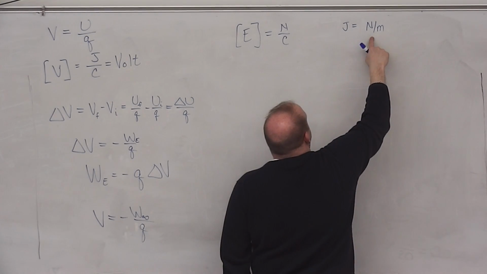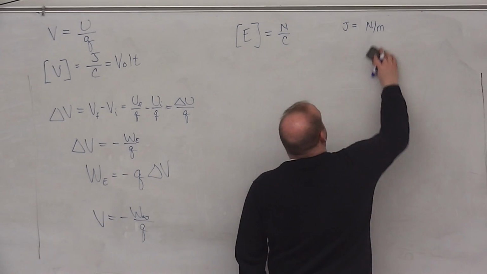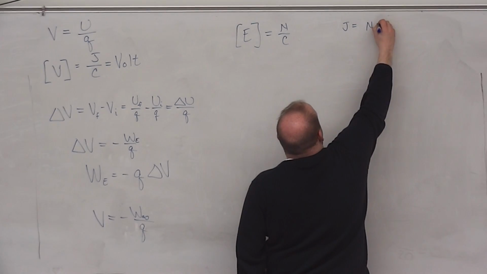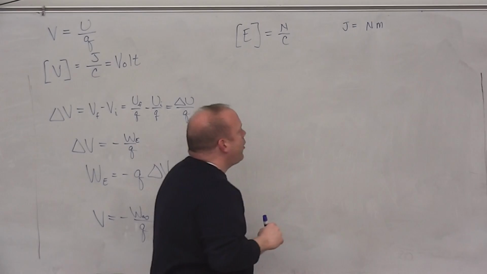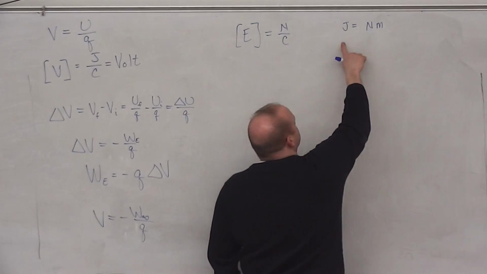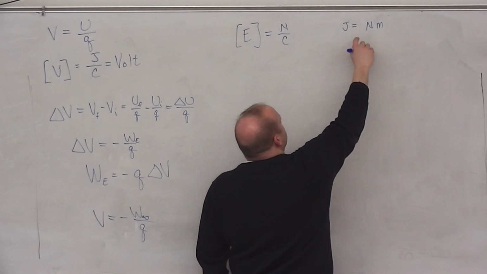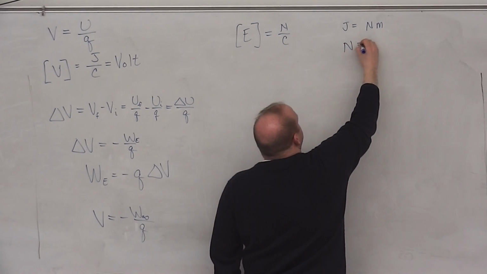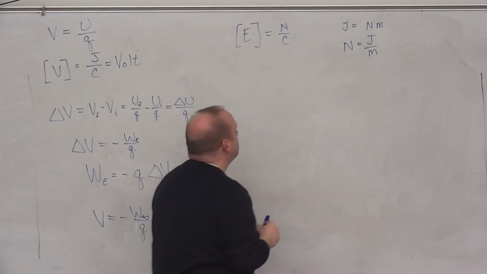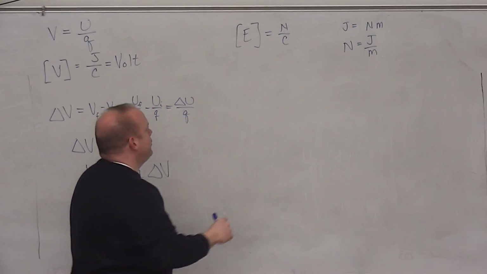Okay, let's not get confused with K with springs. So now, a Newton can be rewritten as a joule per meter. So let's take that into account.